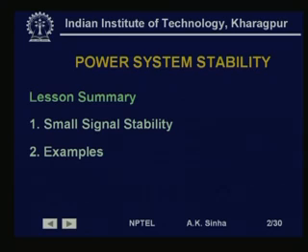We will start with the small signal stability, that is when the disturbance to the system is much smaller. Then we have seen that the power system swing equation that governs the dynamics of the rotor angle is a nonlinear differential equation, but when we are talking about small signal disturbances, then we can think of linearizing the system and use linear system analysis for this.